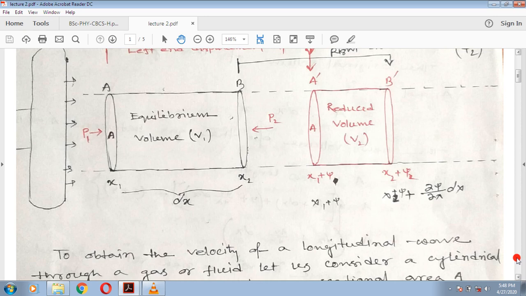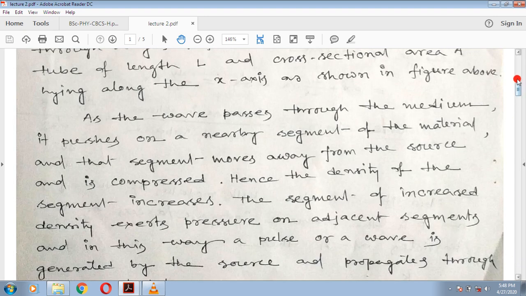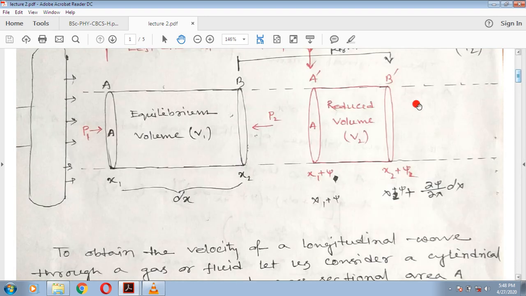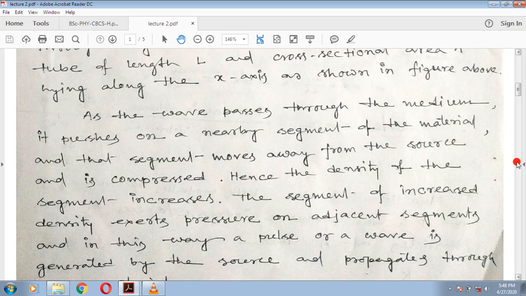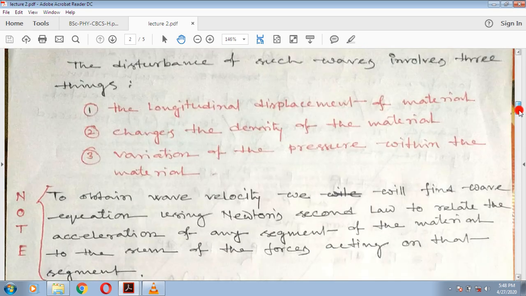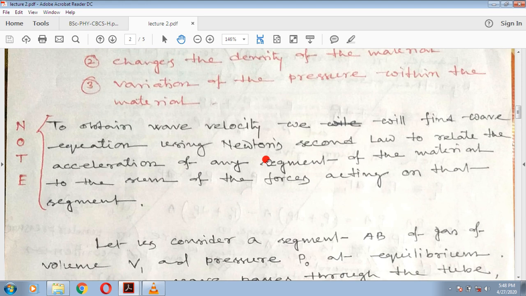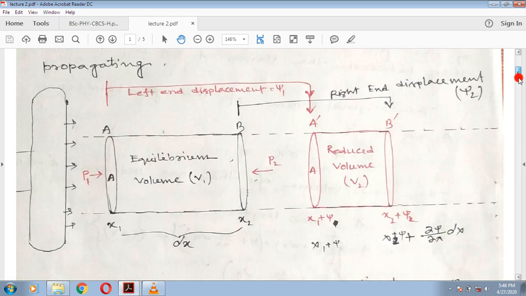So in order to obtain the velocity of the longitudinal wave, our strategy is we will use Newton's second law of motion, F equals ma. We will first calculate the resultant force on the segment, and then equate it to mass times acceleration of the segment.